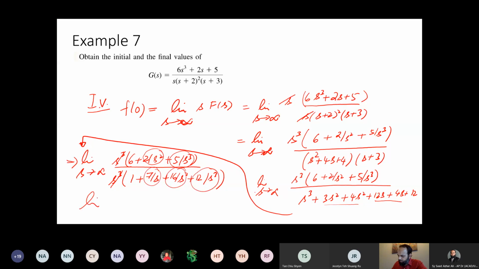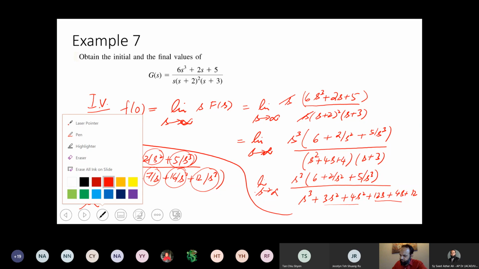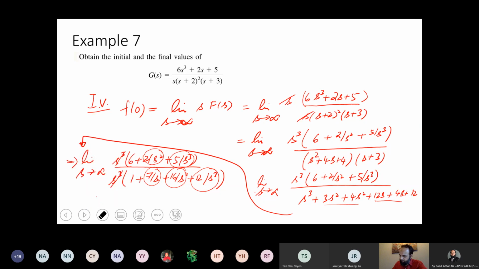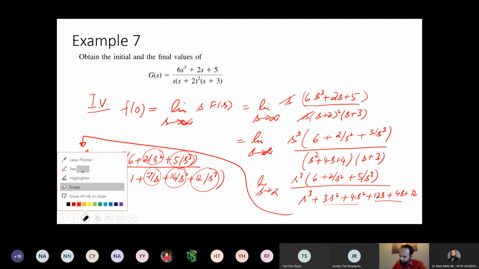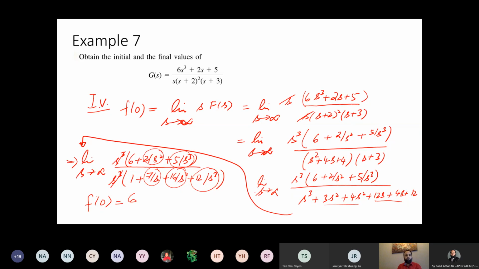We get the function's initial value f(0) equal to 6. Very dirty work. I'll give you a 0 if you do it like this in the exam. Don't do it like this in the exam. This is the luxury of being a teacher.